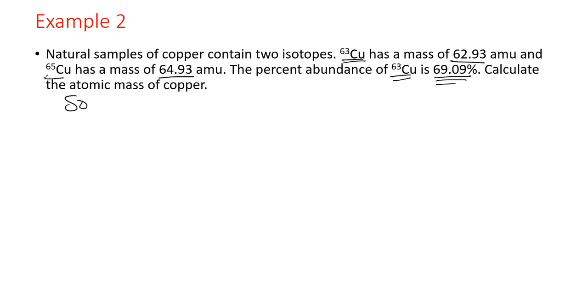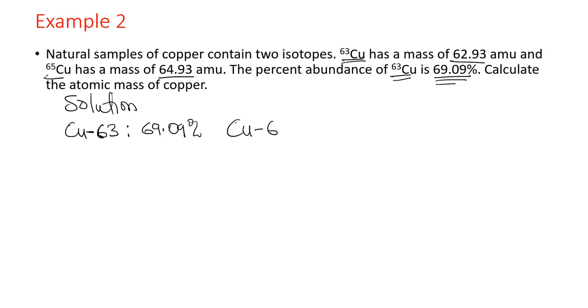Now, to solve this, we first need to get the percentages. Copper-63 has a percentage of 69.09%, which means for the remaining copper, you just subtract 100 minus 69.09.